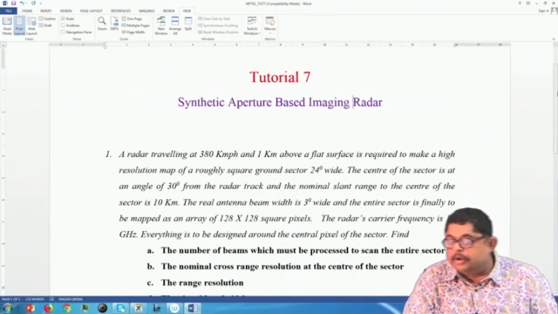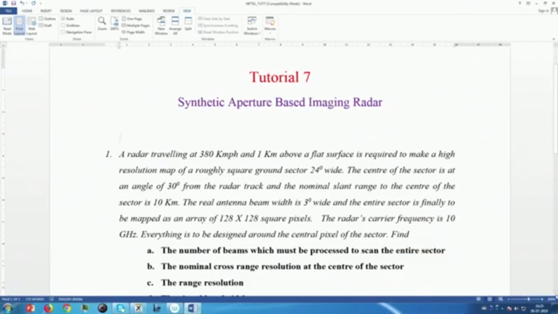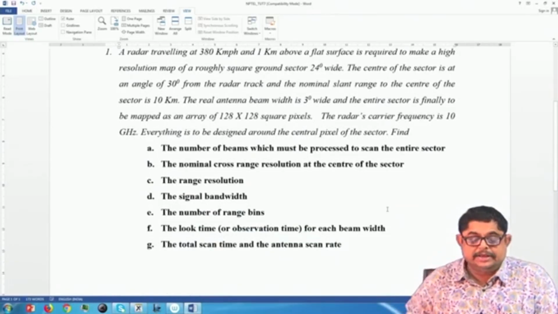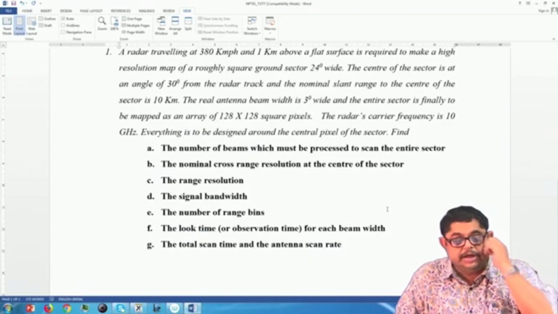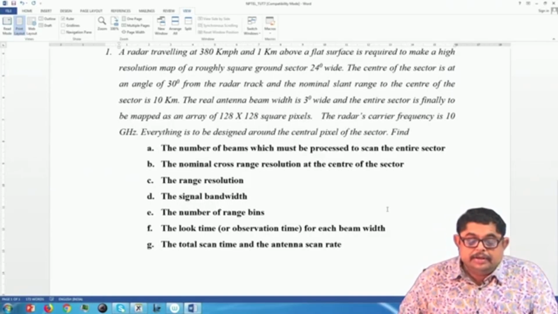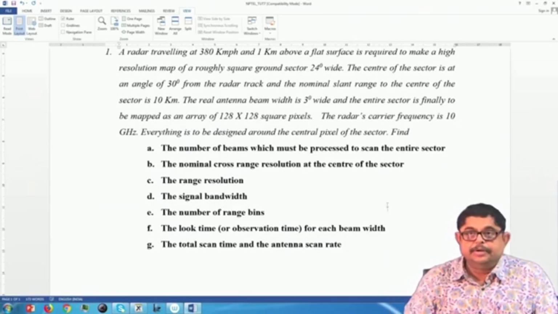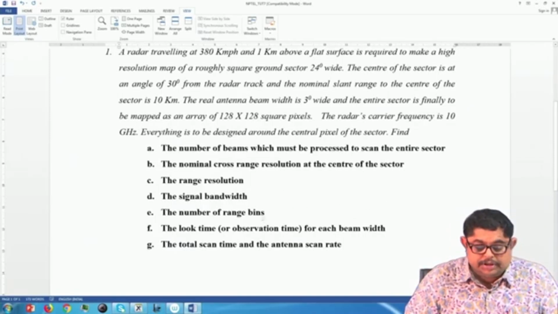Find the following things: the number of beams which might be processed to scan the entire sector, then the nominal cross range resolution at the center of the sector, the range resolution, the signal bandwidth, the number of range beams, the look time for each beam width, the total scan time and the antenna scan rate. So, it is a comprehensive problem. So, let us start with this.